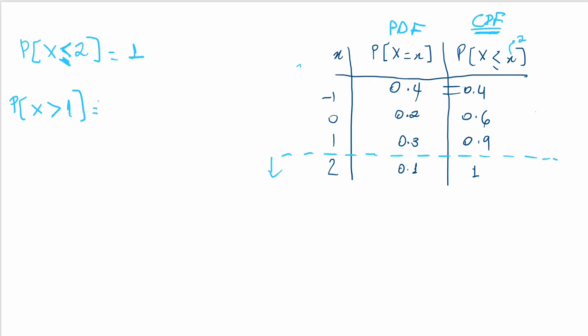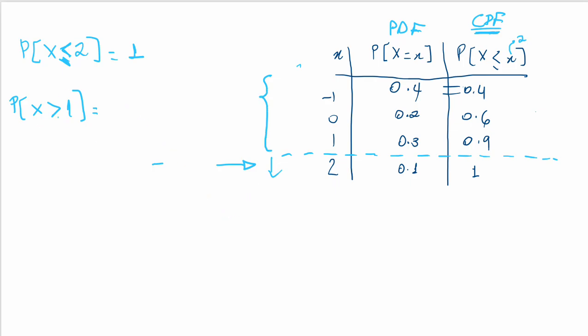How does the opposite formula work? Well, if this is the probability that I want, this will be 1 minus this here, right?